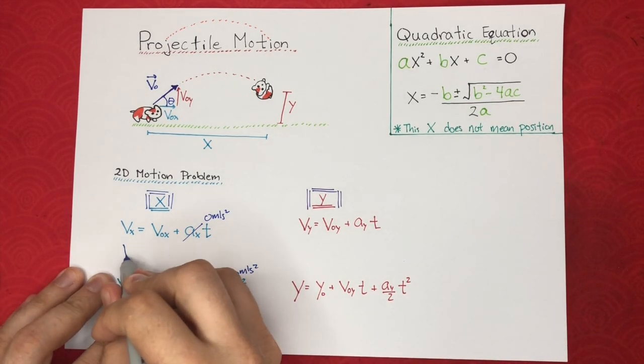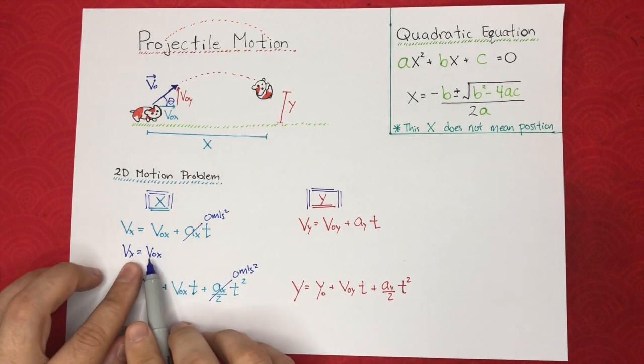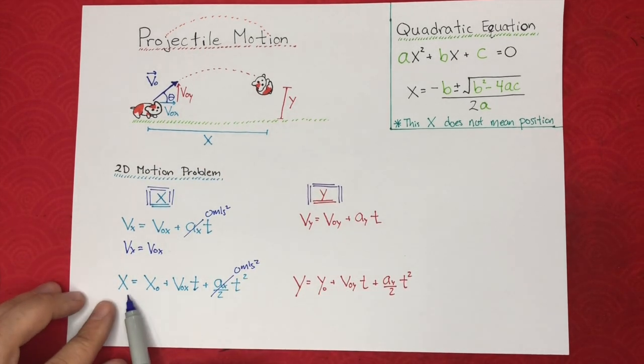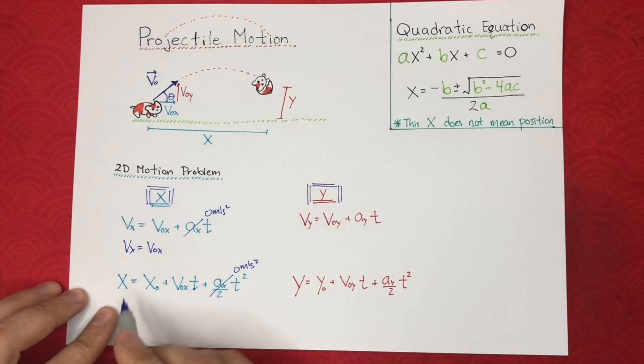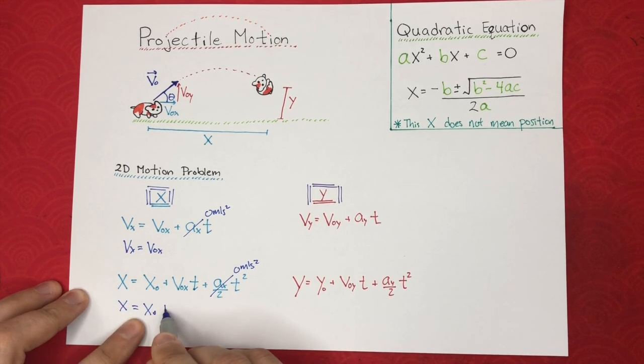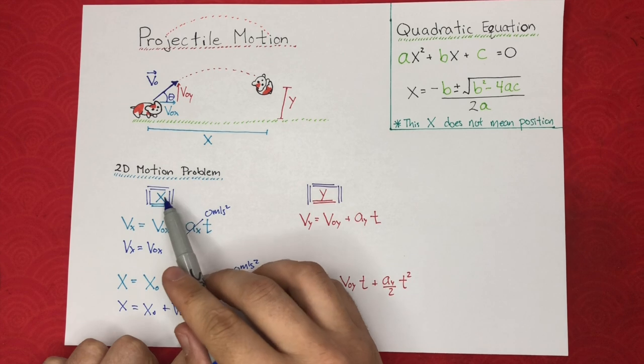Well, we can rewrite them as Vx is equal to V0x. There's constant velocity in the x direction throughout the trajectory. The x position is now just going to be given by x is equal to x0 plus V0x times t. There's no acceleration term. Great, that's in the x direction.